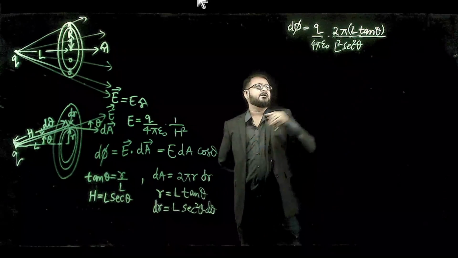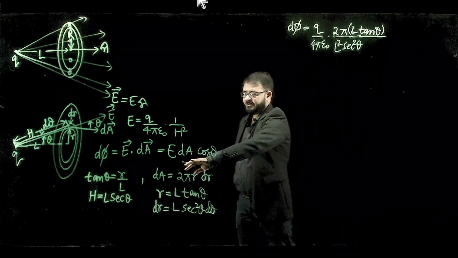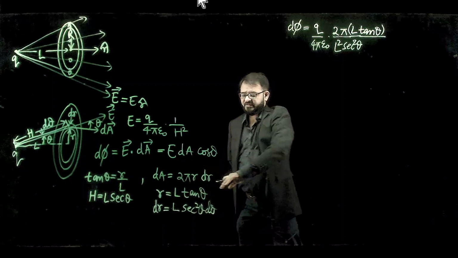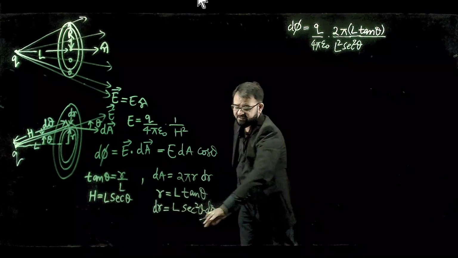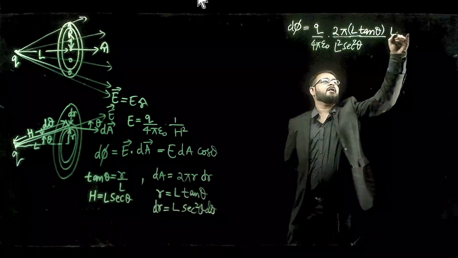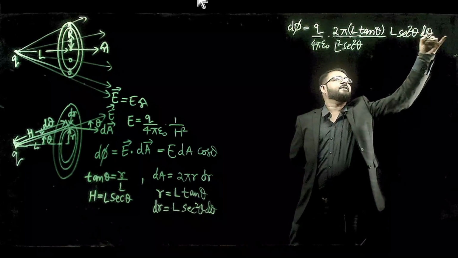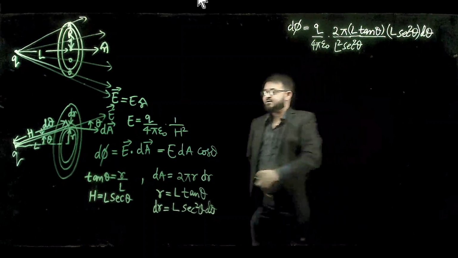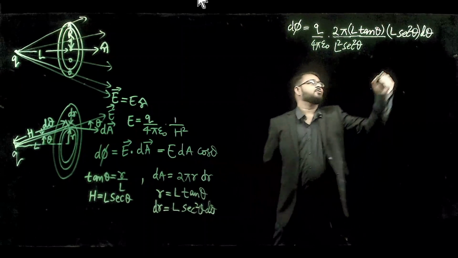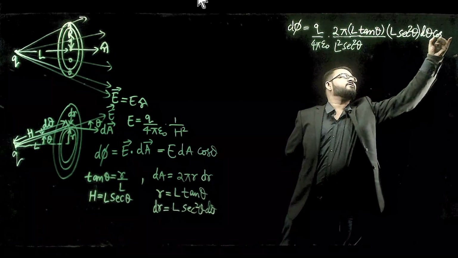And now there is a little bit of algebra. You can see dr we can write as L sec square theta d theta. L sec square theta. Right, and then there was a cos term remaining. So here we have cos.